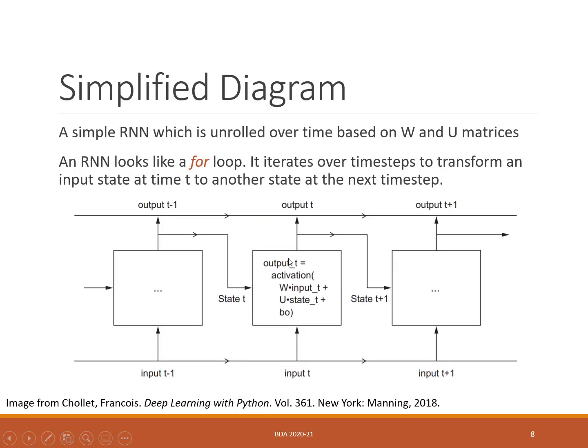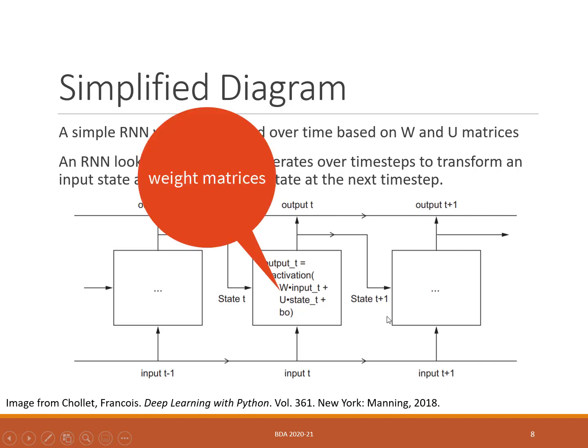Here, we have a simple RNN unrolled over time. The network is similar to a for loop iterating over time steps to transform the input state t and obtain a new output at time step t plus 1. The transformation is computed using W and U matrices.